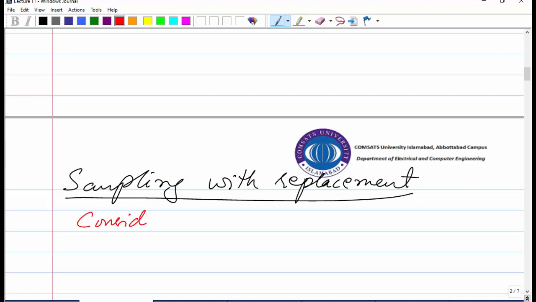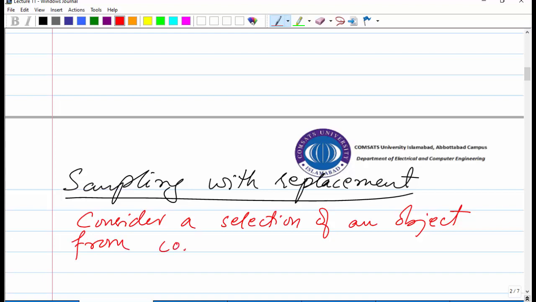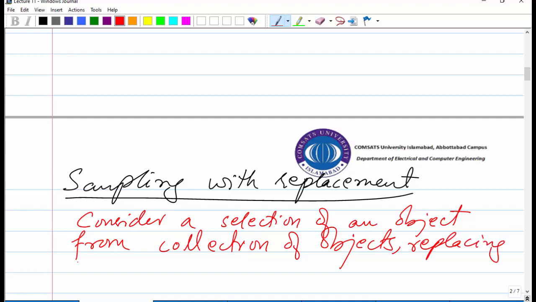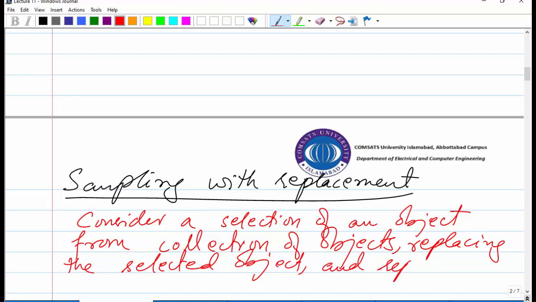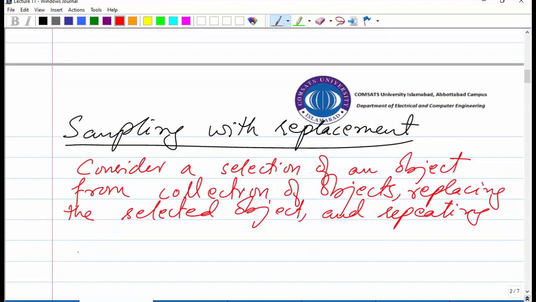So consider the selection of an object from a collection of objects, replacing the selected object and repeating the process several times.